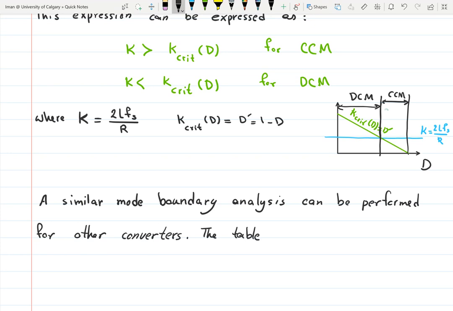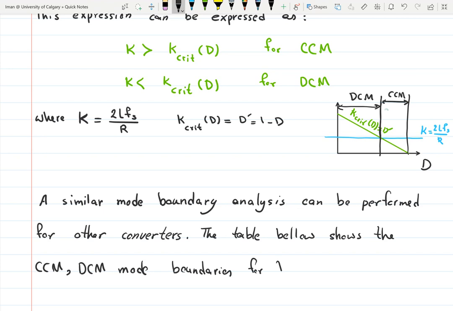The table below shows the CCM or DCM mode boundaries for buck, boost, and buck-boost.